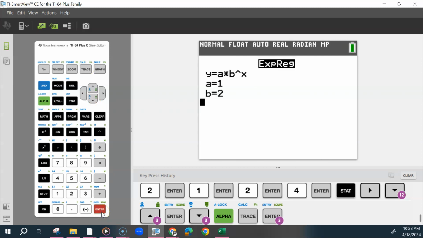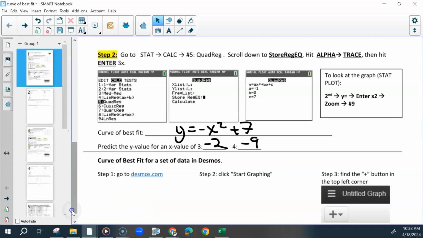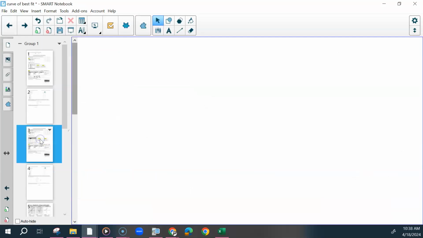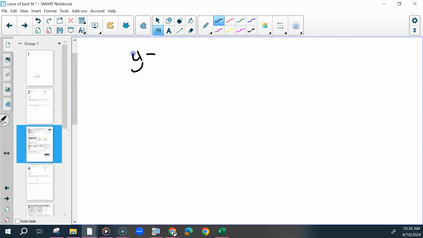So our equation for this would be y equals 1 times 2 to the x, or just y equals 2 to the x. I'll have to turn this off and restart it, but for now I'll just write it. This is your curve of best fit for your exponential.